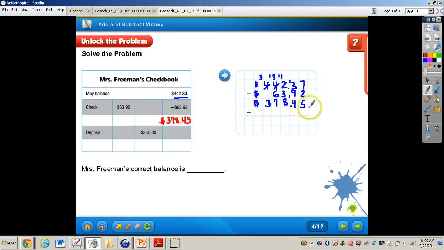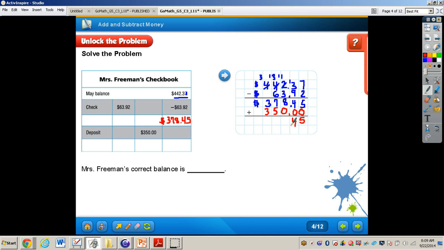So $378.45, we're going to add that $350. I'll use a different color of ink here. $350. And I'm just going to put my decimal point, my 2 zeros at the end here. Okay, so we add all of this. 5 and 0 is 5. 4 plus 0 is 4.